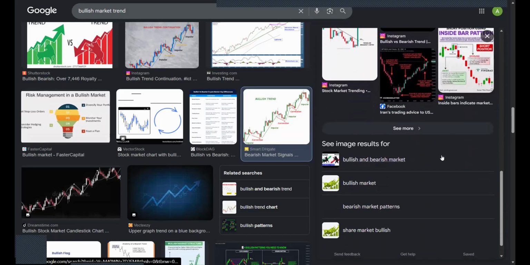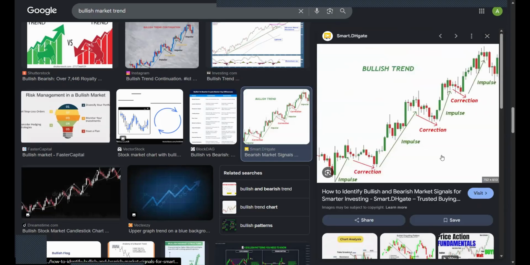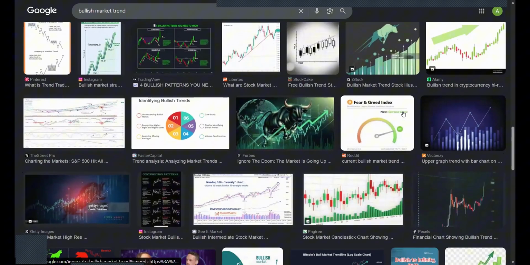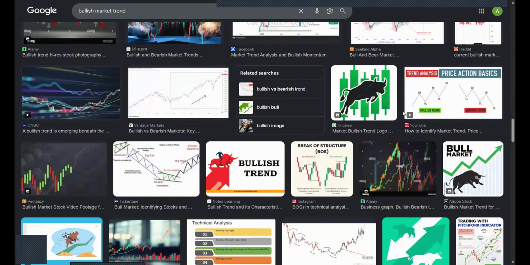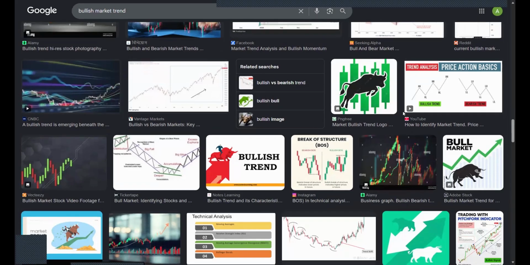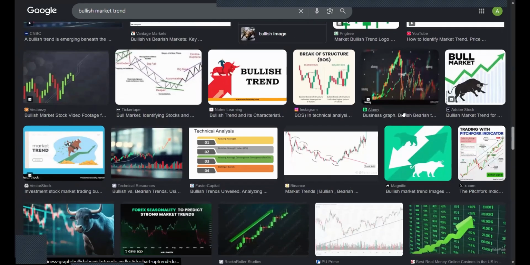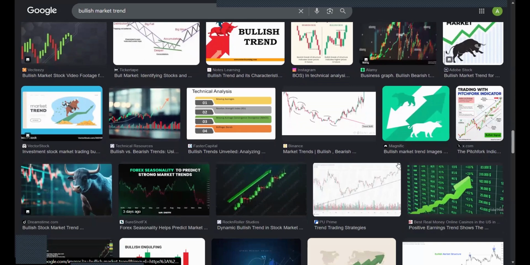The same thing again in a bearish trend. Most of you, when they tell you price is bearish, you only think of a strong line downwards.